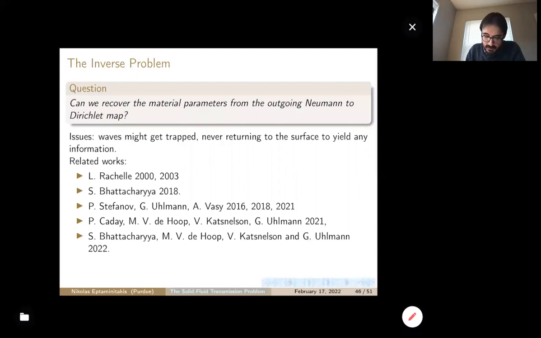And of course, there are the works by Stefanov, Uhlmann and Vasy, regarding boundary rigidity and so on. There have also been some recent works by Caday, De Hoop, Katsnelson, and Uhlmann, and also a very recent paper by Bhattacharya, De Hoop, Katsnelson, and Uhlmann, which deal with problems like that. So you have a layered medium, and you try to recover the various layers.